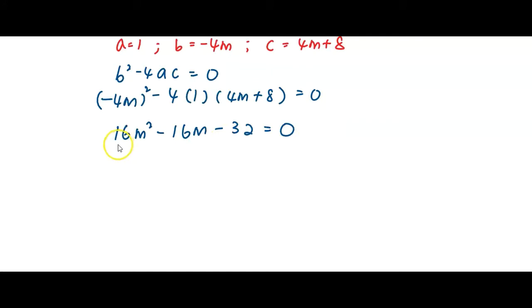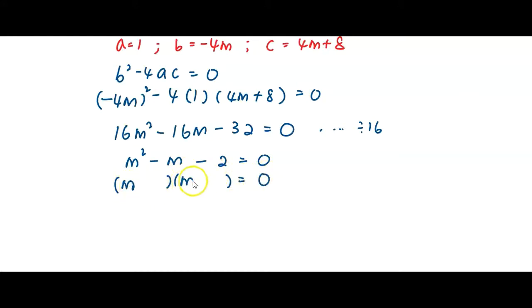Then I see that the coefficients of the three terms can all be divided by 16. I'll simplify it by dividing all the terms on the left and right side by 16. Then I have m squared minus m minus 2 equals 0. After that, try to factorize it.